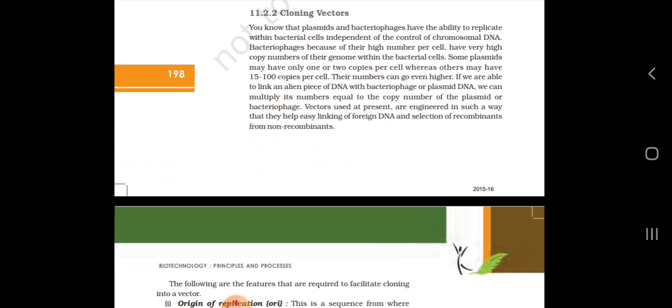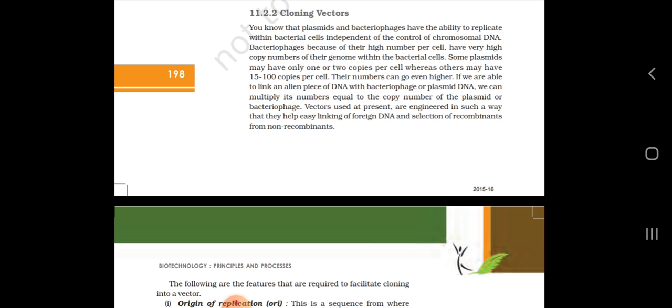So we will go through the structure of plasmid initially. Now, what are plasmids? They are autonomously replicating circular extra chromosomal DNA. Autonomously means self replicating. They can make their own copies without any external signaling.